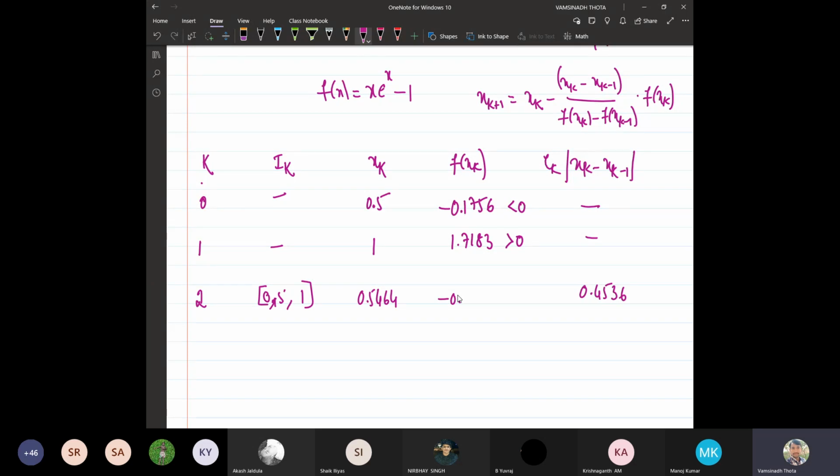As I'm calculating here, I got something around minus 0.0564.